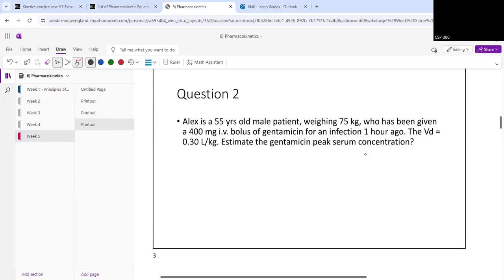We're looking for Cmax, not C zero, it says peak. The equation is the same, but the wording is different, and I don't want you to get confused later. It says peak plasma concentration. Peak is max. Since it's an IV, it starts from the top and declines over time.